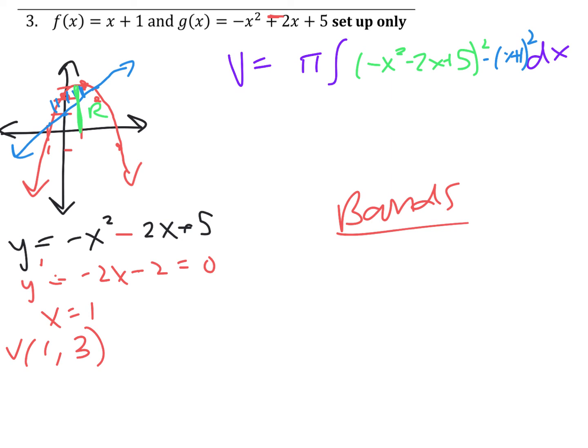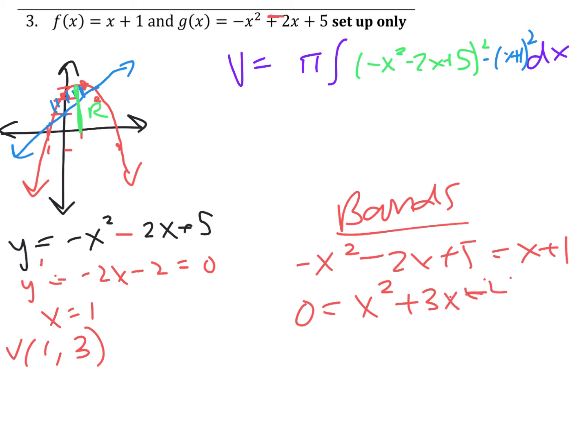Now let's go ahead and find our bounds by hand. We're going to set these two things equal to each other: -x² - 2x + 5 = x + 1. Then we get everything on the same side. This is going to be x² + 3x - 4, and this is going to factor and give us the two values, -4 and +1.